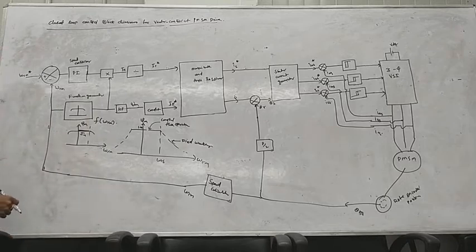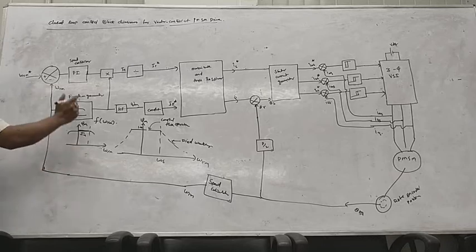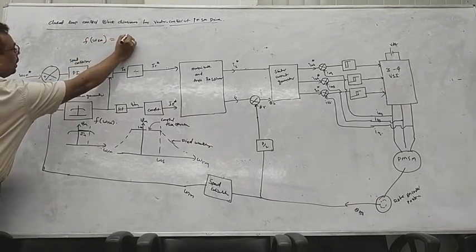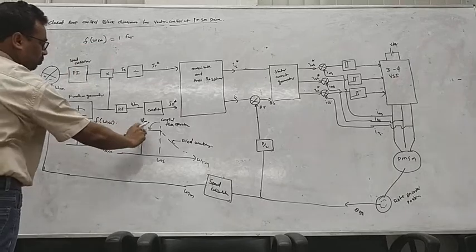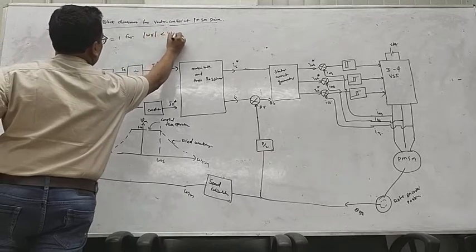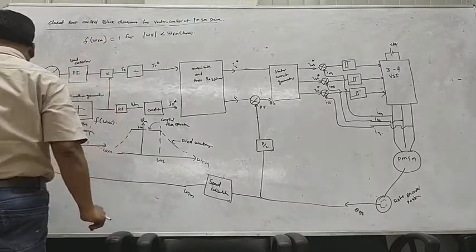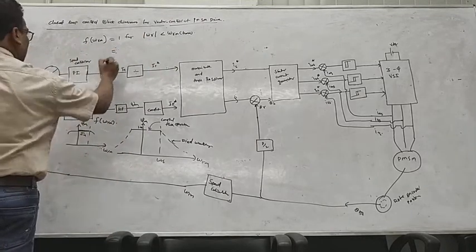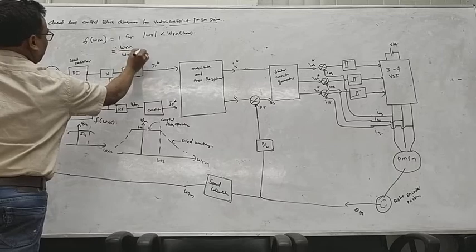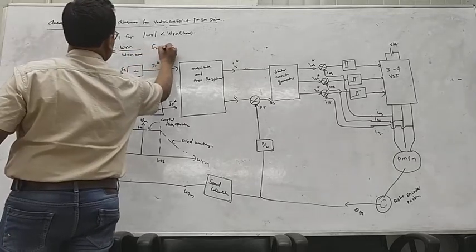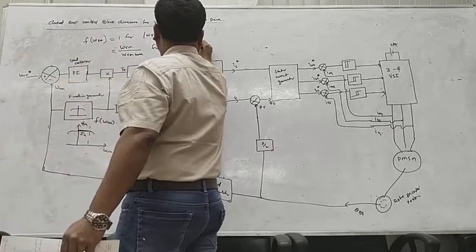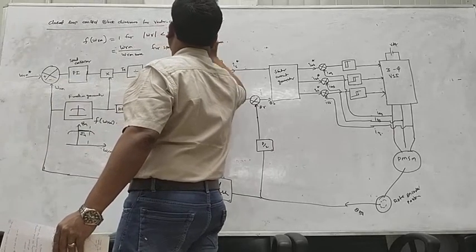So this can be defined as follows, you write down the condition: the function of omega Rm is equal to 1 for mod omega Rm less than omega Rm base, and the function is equal to omega Rm base by omega Rm for speeds omega Rm greater than omega Rm base.